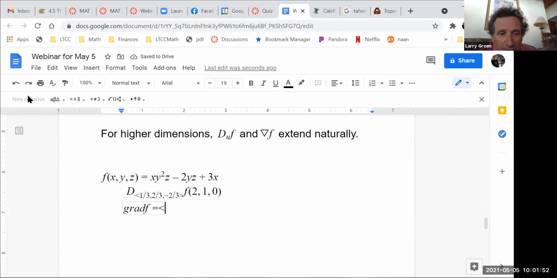So what's the first component of the gradient of f? Yeah, it's f sub x, but it's y squared z plus 3. Stop me if you're not following how I got that. I took the partial with respect to x of f. And what's the second component?